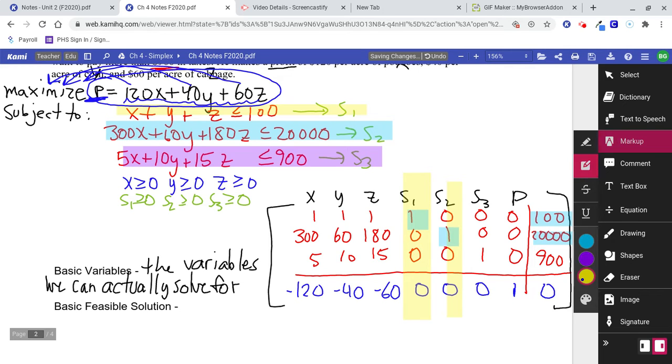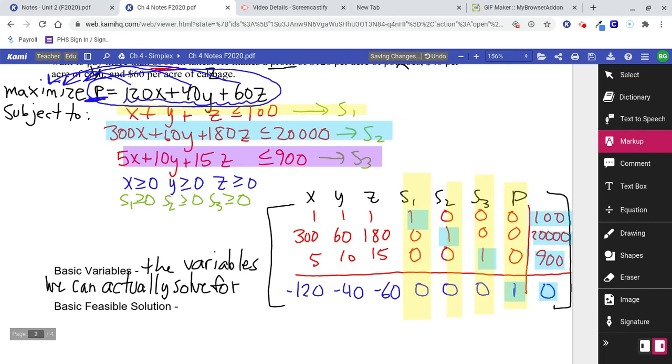And if we did S3, we'd be looking at this number, and we'd say S3 is equal to 900. And if we did P, I'd look at this number 1, and I'd look at this number 0, and I could see that P equals 0. The basic variables are the ones that we can actually solve for.